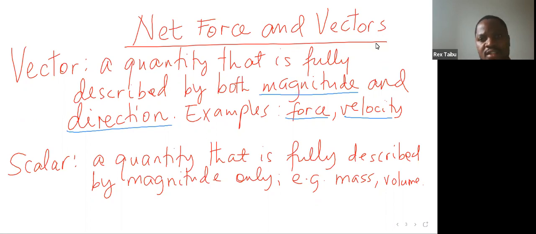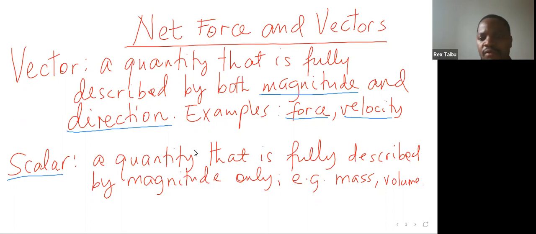Some of the quantities you have seen from previous classes are very common, like mass, volume, distance. Some of those quantities are actually scalar quantities. Those quantities can be fully described by size only, or magnitude only. So scalars are the quantities that you have seen before coming to this class.